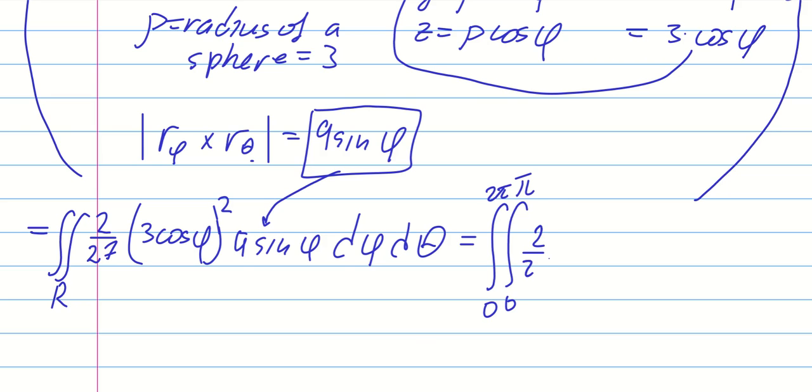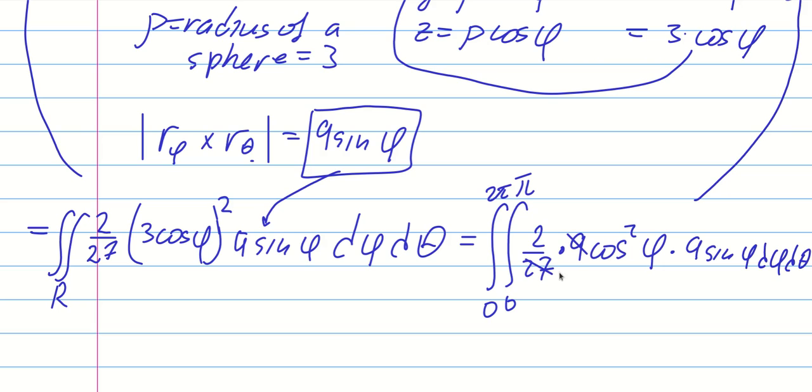Then we have 2 over 27 times 9 times cosine squared of phi times 9 sine of phi d phi d theta. Okay, what we need to calculate?